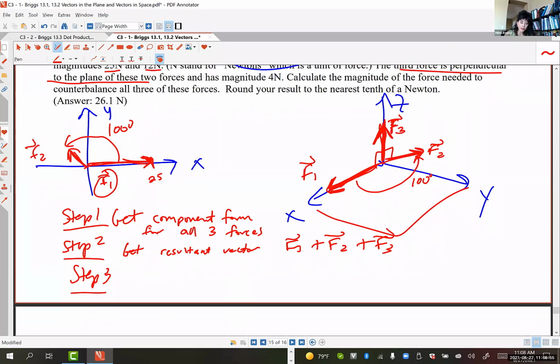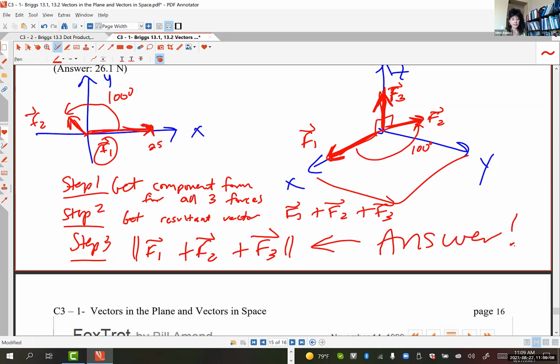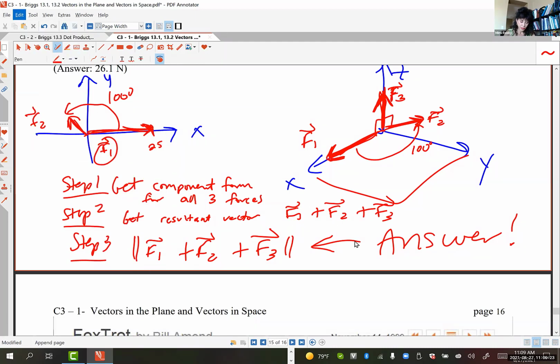We'll get a big old vector. Step 3, get the magnitude of that big old resultant vector, and that will be the answer. Here's my strategy. I'm sticking to it. I didn't leave myself enough room, so I'm going to append a page.